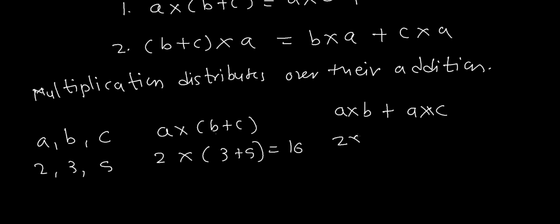So 2 into 3 plus 2 into 5 comes to 6, and 5 twos are 10. So 10 plus 6, 16.